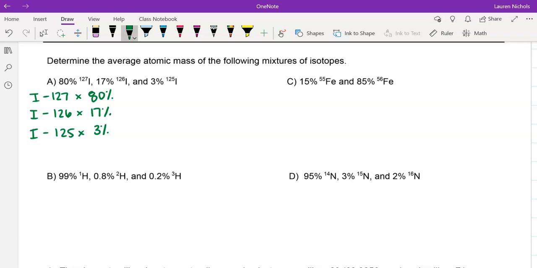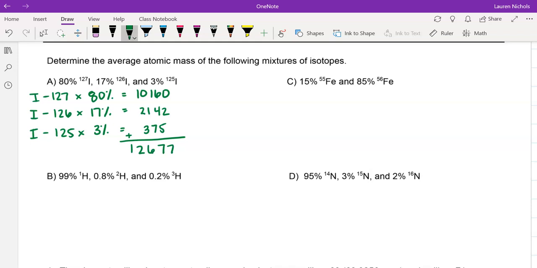127 times 80 is equal to 10,160. And then 126 times 17 is 2,142. And then 125 times 3 is equal to 375. We add them all together, and you get 12,677.